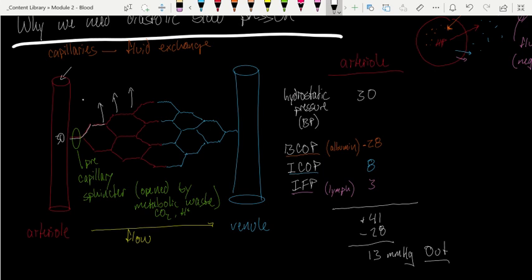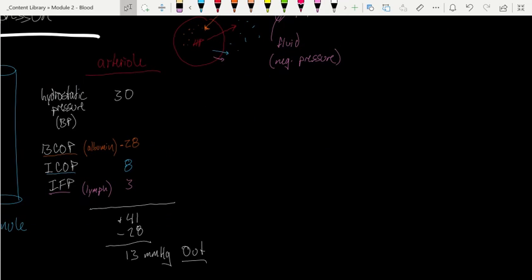That force is about 13 millimeters of mercury in the outward direction. That's what we just solved. But now we have the task of getting it back in, right? How do we get that fluid after it's done its job back in on the venous side of the capillary bed? Well, let's look at our pressures and let's see what changed.